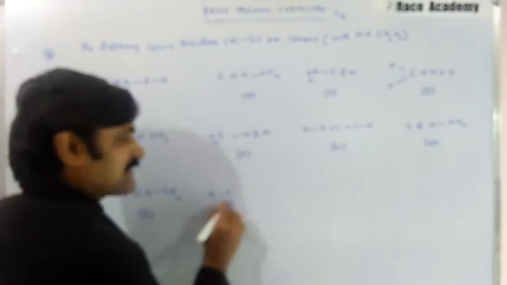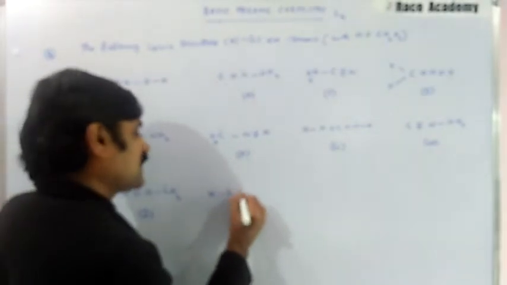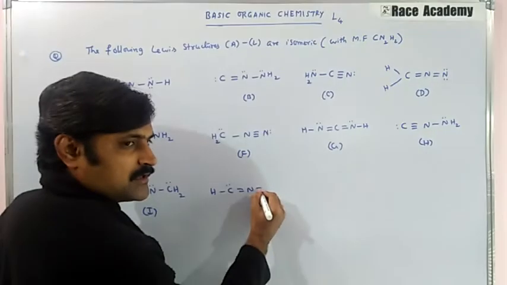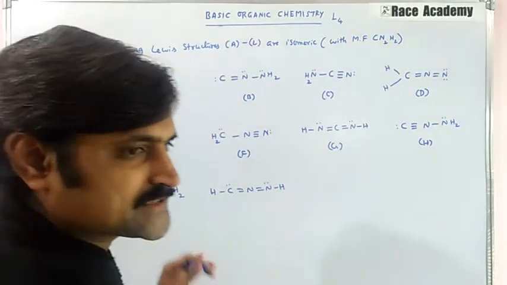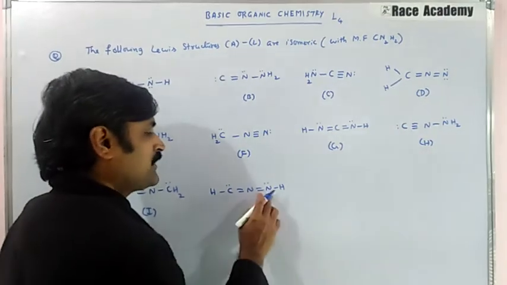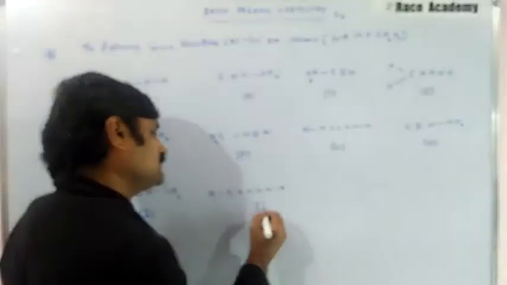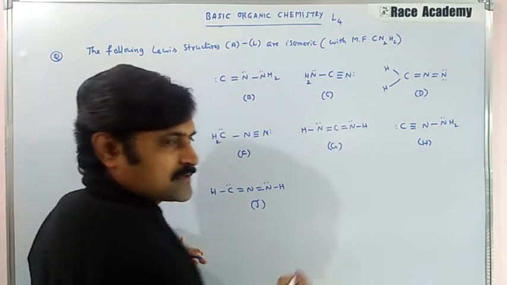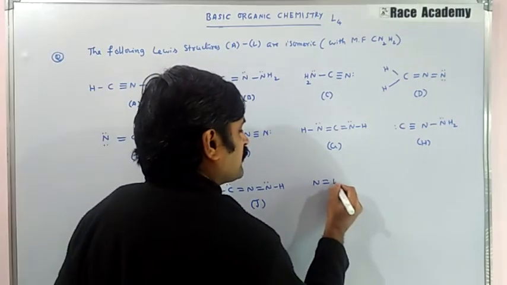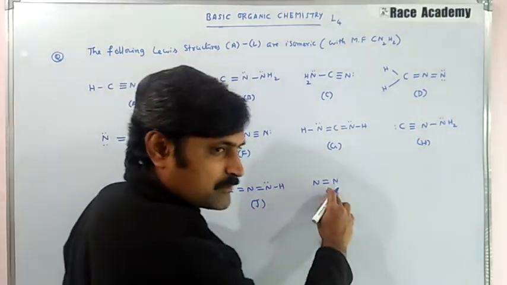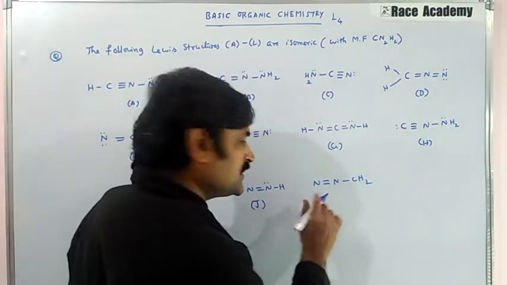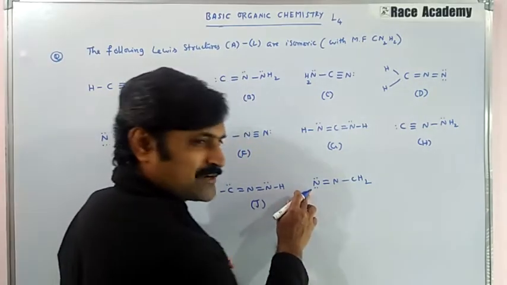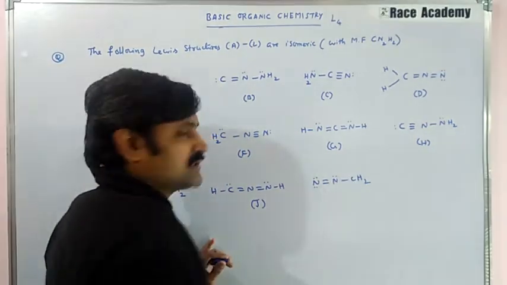Another one is C with a dot, double bond N, double bond NH. Over carbon and over this nitrogen they have given a pair. Next, a nitrogen-nitrogen double bond linked with CH2, but in this structure two pairs are given over this nitrogen and one pair over this nitrogen.